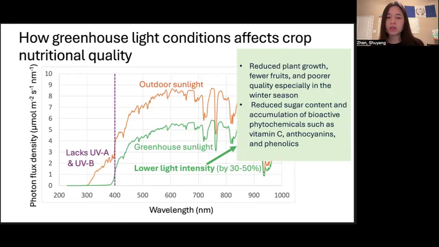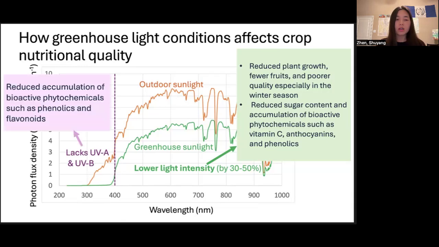Especially during the winter season, oftentimes we find reduced sugar content and reduced accumulation of bioactive phytochemicals such as vitamin C, anthocyanins, and phenolics. Sometimes there might also be an increase in the accumulation of undesirable phytochemicals such as nitrate under low light conditions. And the lack of UV oftentimes leads to reduced accumulation of bioactive phytochemicals, including phenolics and flavonoids.